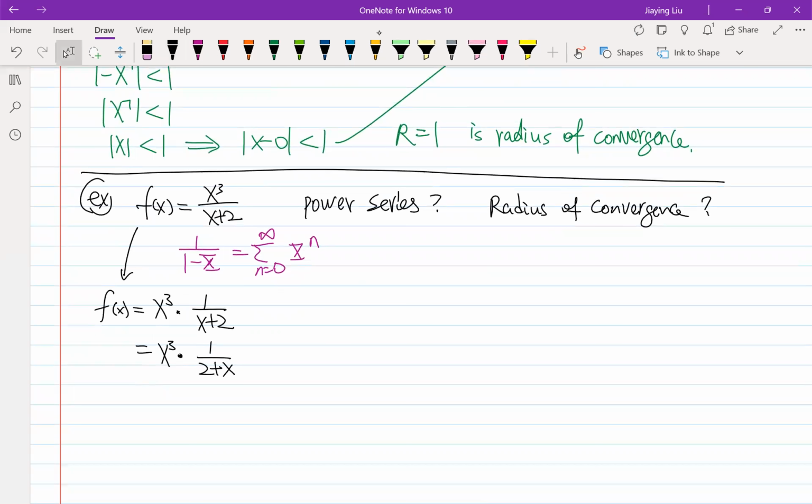But I want 1, so I'm going to factor out a 2 from the denominator. So I get x cubed times 1 over 2 times 1 plus x over 2. Now if we put aside the factor 2 from the denominator, we have 1 to begin with. So we have x cubed over 2 times 1 over 1 plus x over 2.